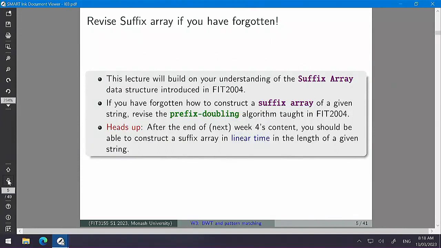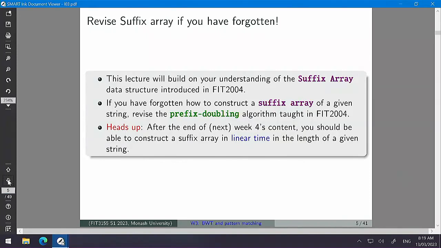You have all, do you remember suffix arrays from 2004? I'm going to ask you to revise that in preparation for this lecture, but I am not going to cover the algorithm to construct a suffix array. You've already learned it. Does somebody know the algorithm? What's the name of the algorithm that you learned in 2004 to do suffix arrays?